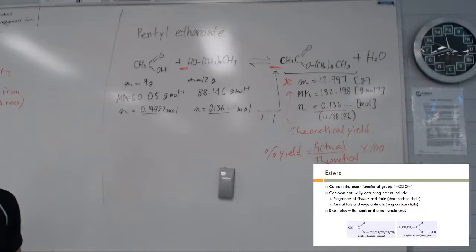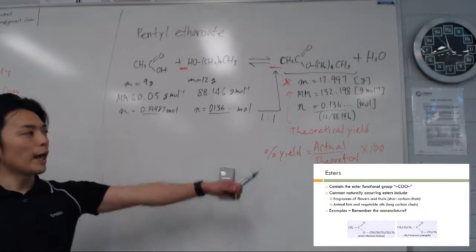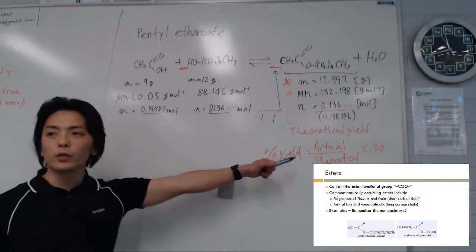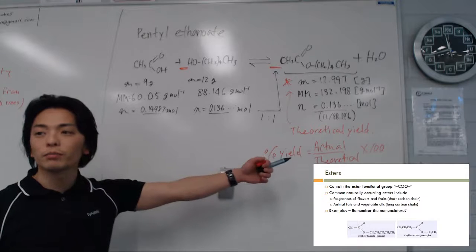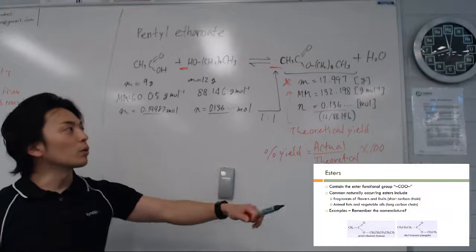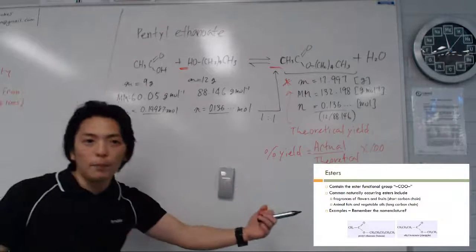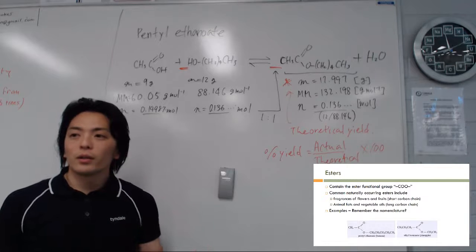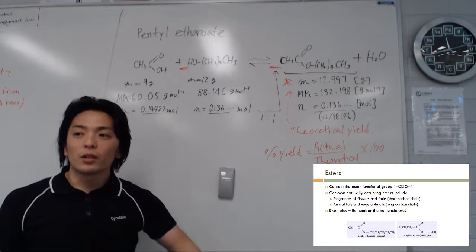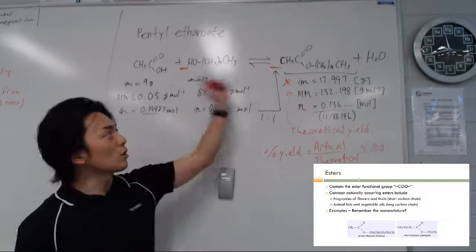So if your actual value that you found was like 3 point something grams compared to, well, provided you have done this banana smell one, right? What happened? Where did all the esters go? Then you can hopefully relate to the theory where this reaction is actually very slow to go forward.